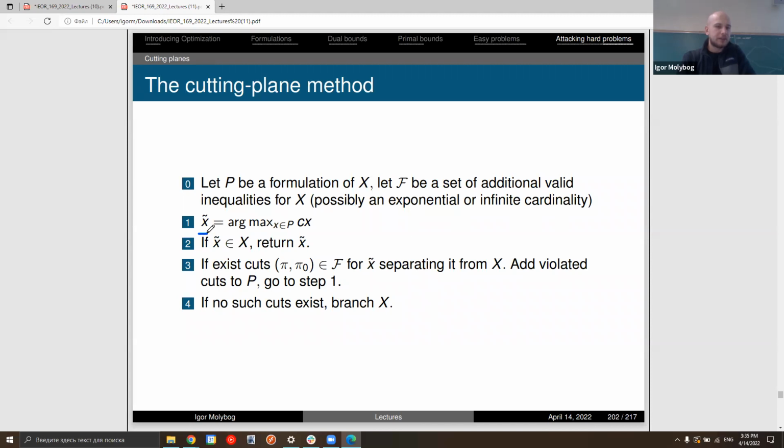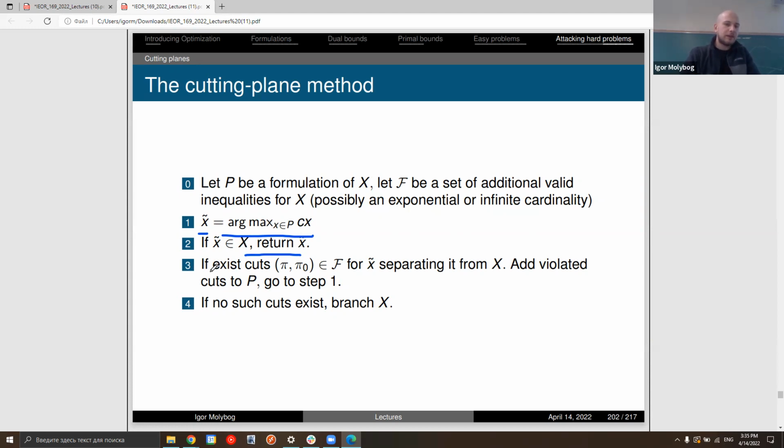Let's say that this X tilde is the argmax, basically the solution of the linear programming relaxation of the original problem. If X tilde is in X, then you just return X. That's it.